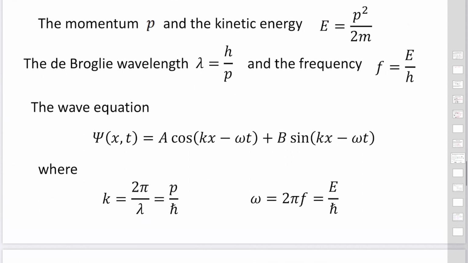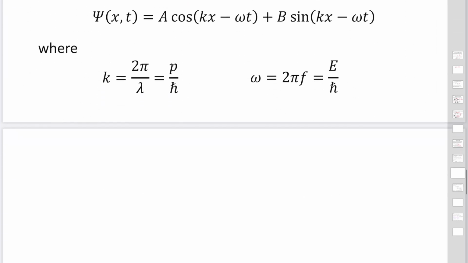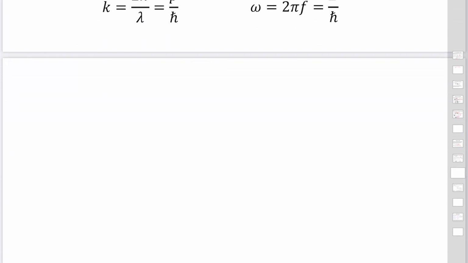Now a special case of the wave equation: the free particle. In this case U is 0, the potential is 0. In this situation, the Schrödinger equation is minus h bar squared over 2m times the second derivative with respect to x equals E phi.